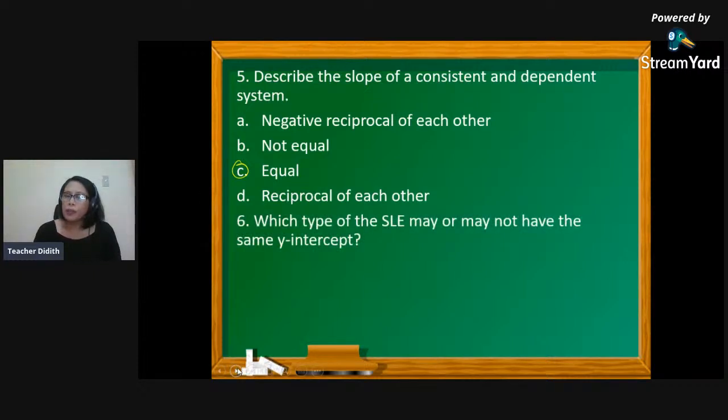So which type of the system of linear equations, that's SLE, may or may not have the same y-intercept? So when we say y-intercept, guys, again, these are the points located along the y-axis. Okay? So a line would have one y-intercept. So which type of the system of linear equations may or may not have the same y-intercept?